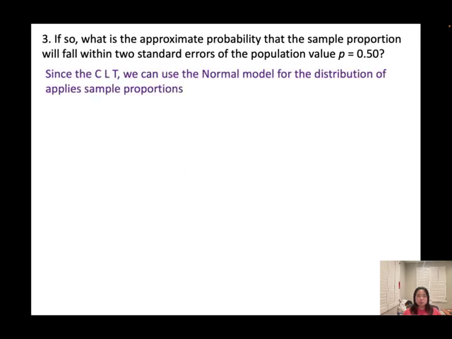And since they meet the conditions of the central limit theorem, we know the distribution will become a normal distribution. We have the mean, we have the standard deviation. Since they are talking about falling within 2 standard errors, we can find the mean minus 2 standard deviations and the mean plus 2 standard deviations.